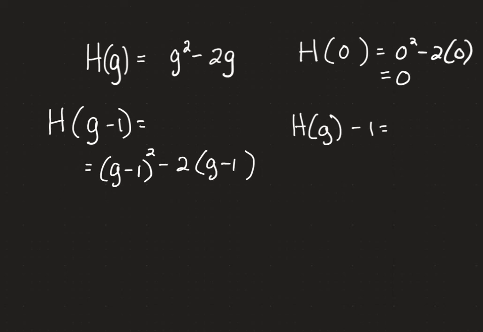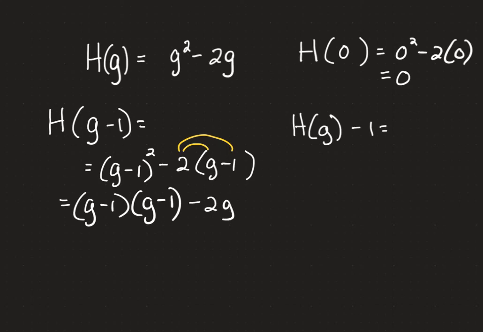So I'm going to have to do g minus 1 times g minus 1 for that first term. And I'm going to have to distribute this 2 to evaluate the second term there. It's a negative 2, so I'm going to take the negative with it. Negative 2 times g is negative 2g. Negative 2 times negative 1 is a positive 2. Now I have to distribute every term in the first parentheses to every term in the second set of parentheses.